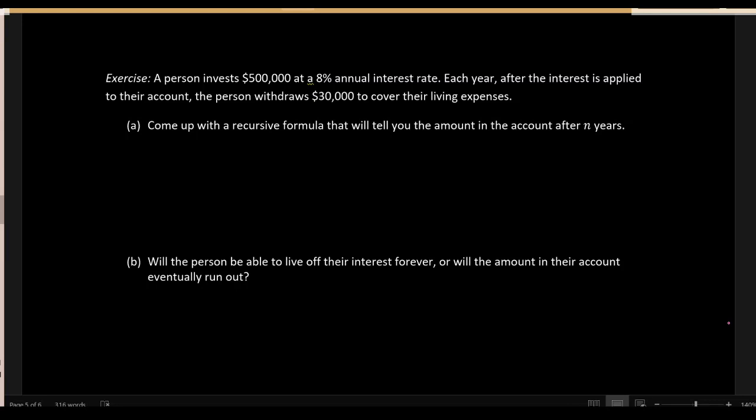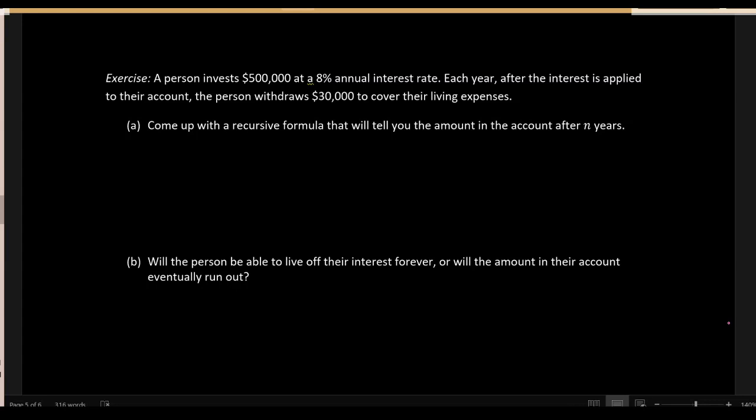So suppose we invest $500,000. You may not have it right now, but as you go and you get your career in engineering, your career in software development set up, you will probably find yourself in this position within the next 10 to 20 years. We invest $500,000 at an interest rate of 8% per year.